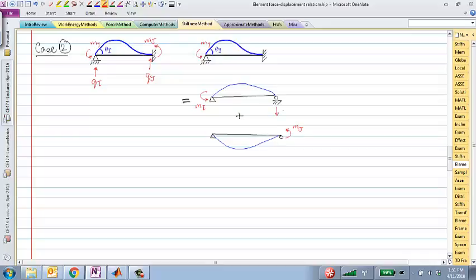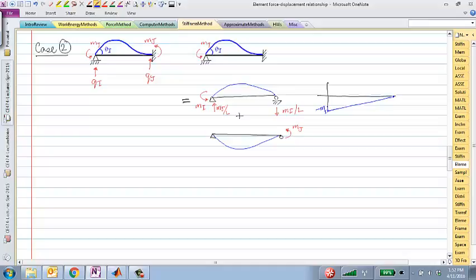So this will pull down in an amount mi divided by L. This would be pushed up mi divided by L. The bending moment diagram for this first case would be negative mi and up to 0 linearly.